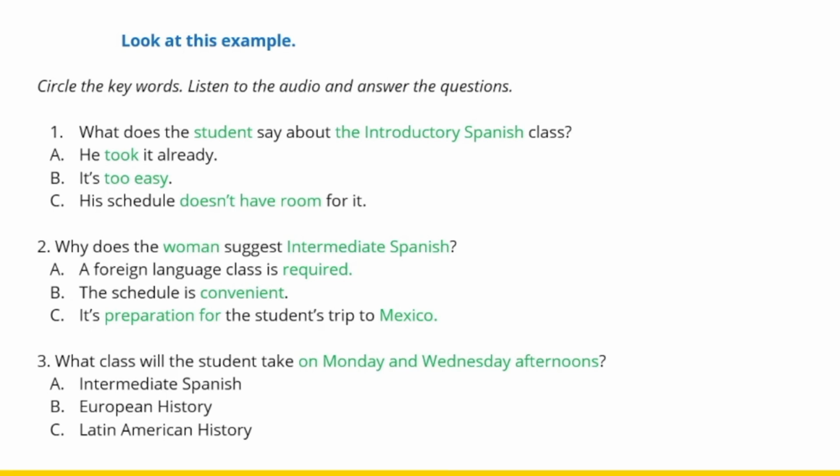When someone says doesn't have room, it means his schedule doesn't have room, so his schedule is full. They might say it differently in the listening recording. The following two questions are similar to our first one. So make sure before you start listening to the recording that you take notes, circle the keywords, and listen carefully.